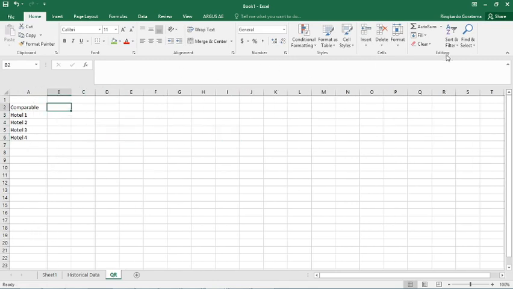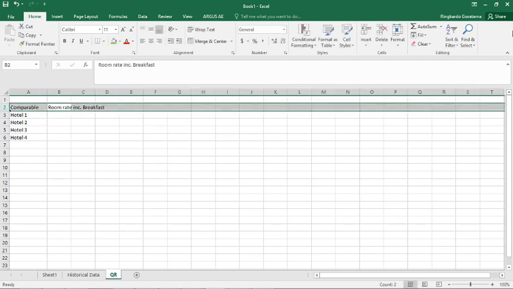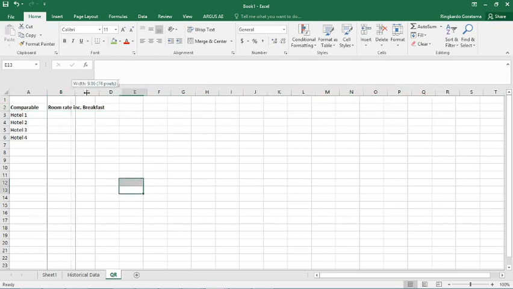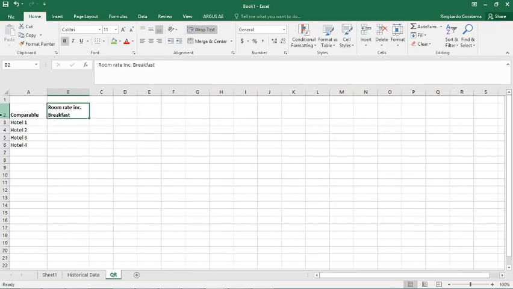And we have the room rate. So usually it's including breakfast. Let's say it's 350 per night, 400. This is, let's say, 450. This is 500.